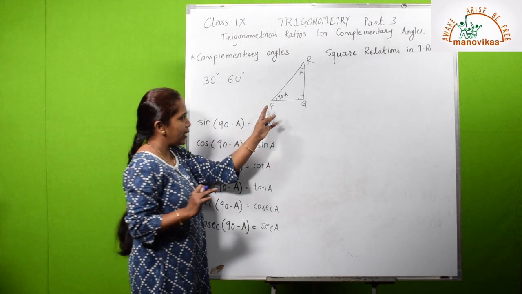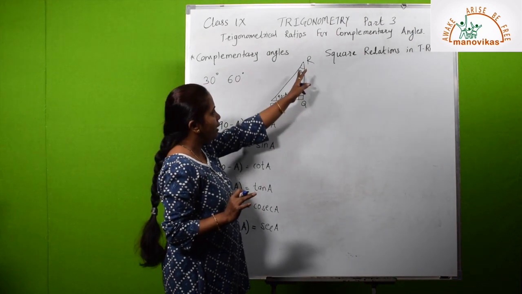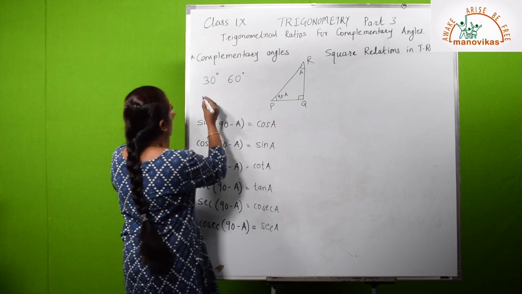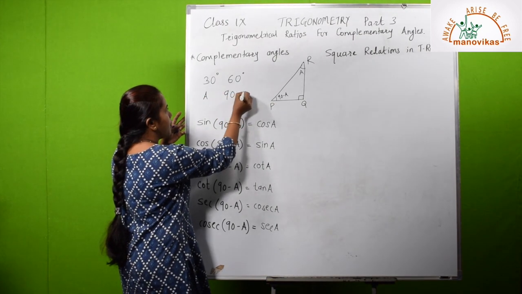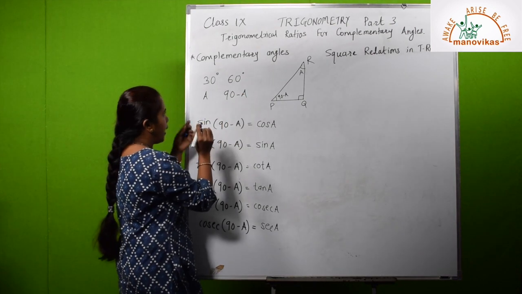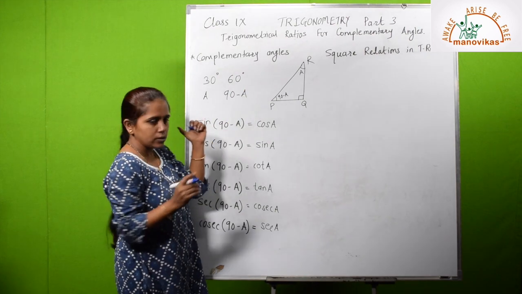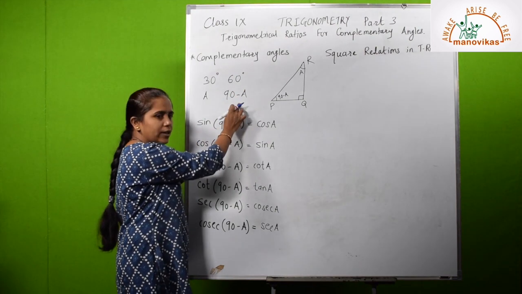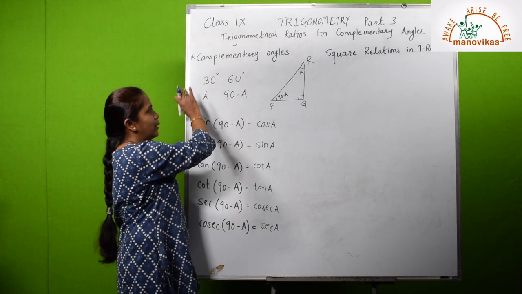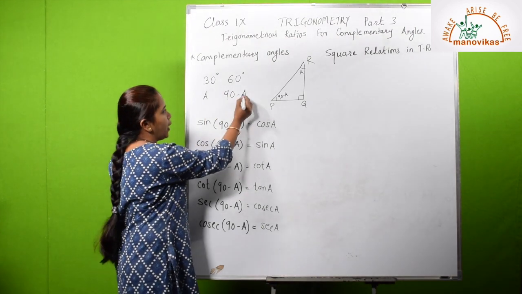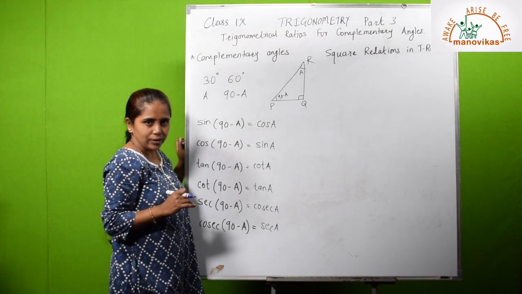Suppose right angle triangle PQR is here, Q is 90 degrees and angle R is A, then obviously angle P will be 90 minus A, and these two angles are called the complementary angles. A, its complementary angle will be 90 minus A, or 90 minus A, its complementary angle is A. So A and 90 minus A are the complementary angles.